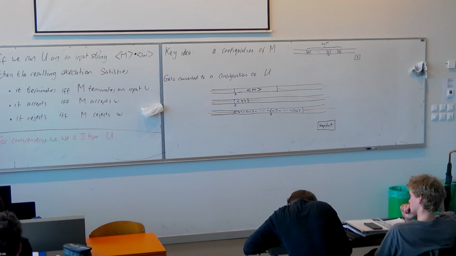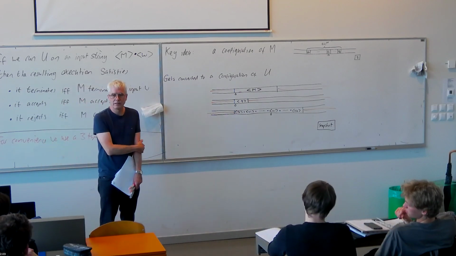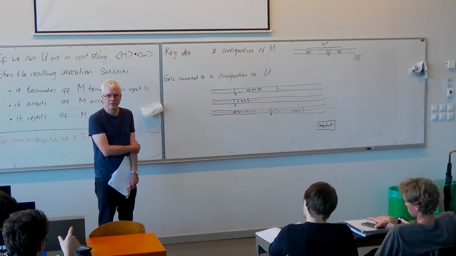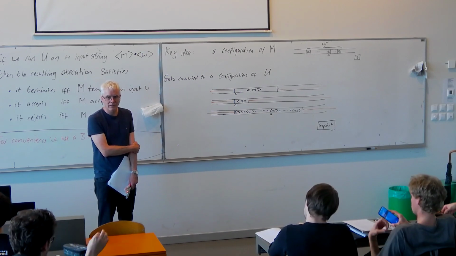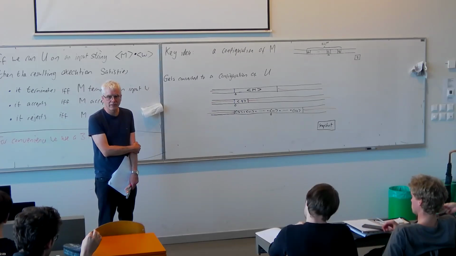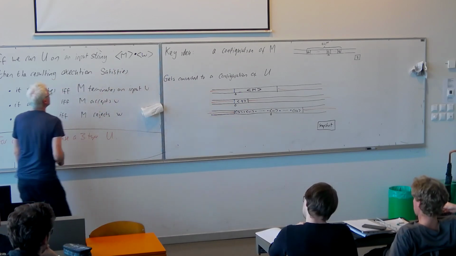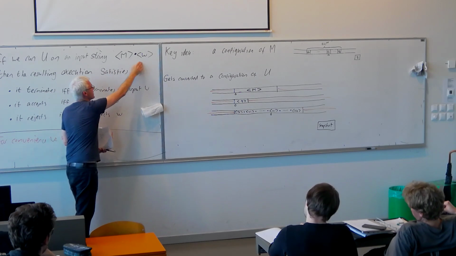If I understood you correctly, you said that in the initialization phase, the universal Turing machine writes the encoding of n onto the first tape. Yes. From where? Well, it's given that as its input, so this is when we run the universal machine on this input.